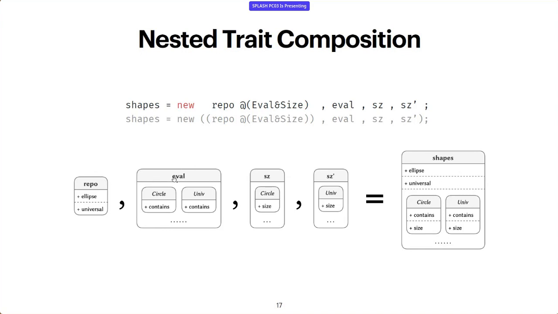To take a concrete example, here not only the circle in the SZ and the unif in the SZ prime are merged, but also the contains in circle in eval and the size in circle in SZ are merged, as shown in the shapes, the final result.